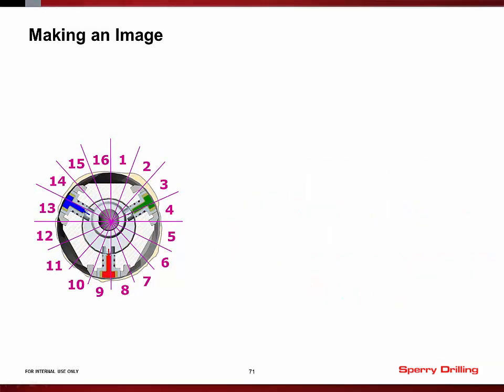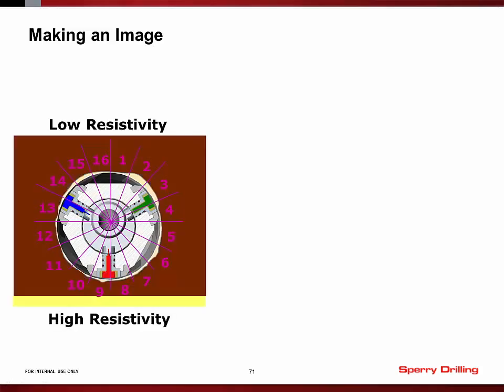So let's see how that operates where we have some formation around the tool. Here we have the tool again, and this time we're in a low resistivity formation. We're in a horizontal well or near horizontal well, close to a boundary with a higher resistivity formation. And we're going to look and see how the resistivity values in these 16 bins change as the borehole slowly penetrates the boundary.